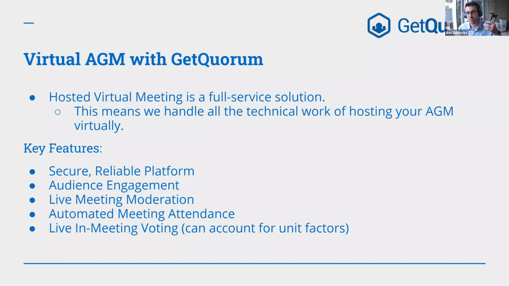It allows us to do live in-meeting voting that immediately and instantly reconciles with your advanced proxy voting and with your unit factors. So with a couple of clicks, your owners submit their votes. Get Quorum's platform behind the scenes does the magic and combines unit factors and proxy weighting. All of the complexity is simplified and handled by computer software.